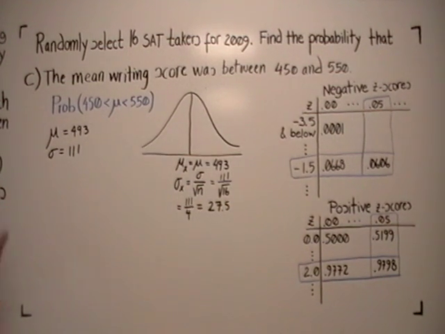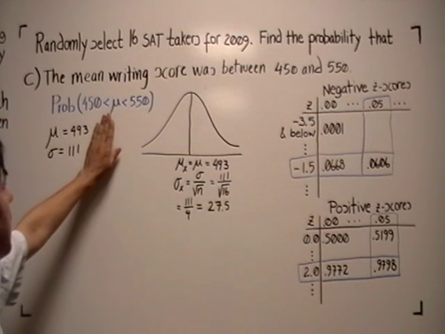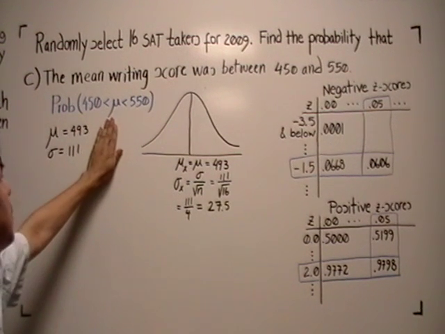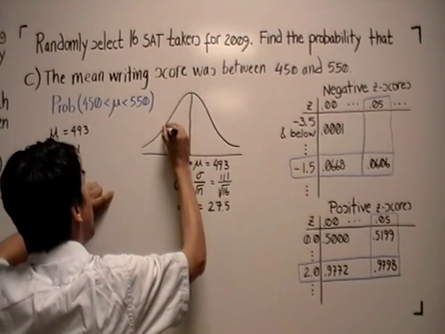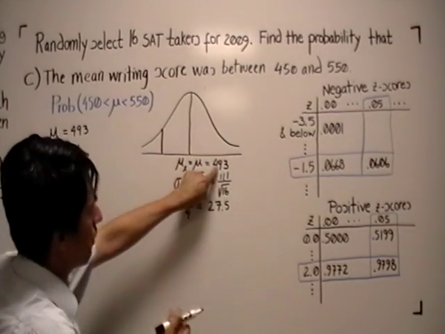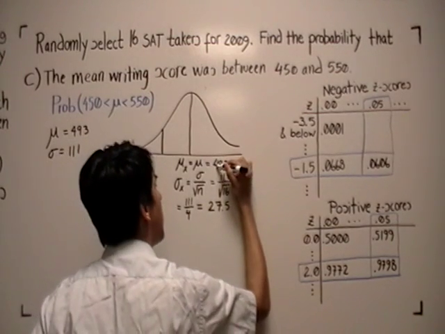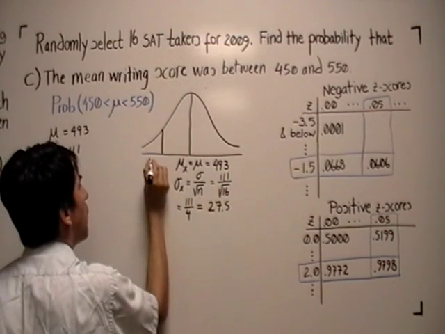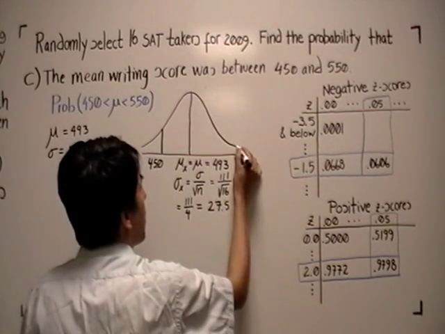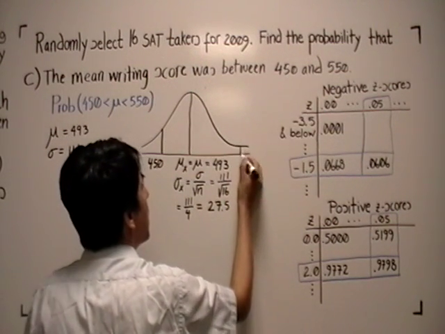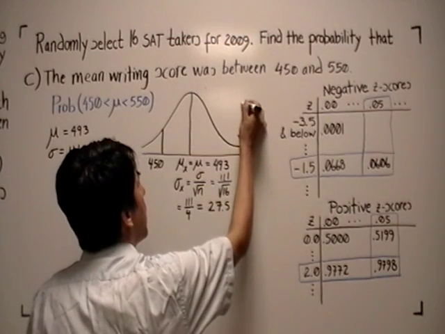So now we proceed to treat this problem as a normal distribution problem. We want the probability that the mean score is between 450, 450 being to the left of 493, and 550. Let me elongate this a little bit. So we'll say 550 is over there.